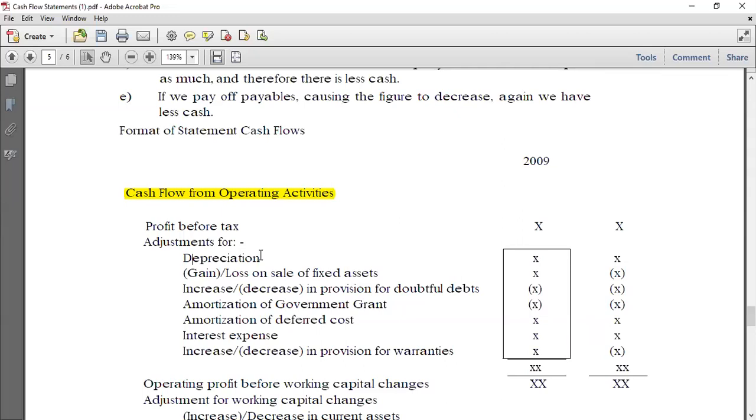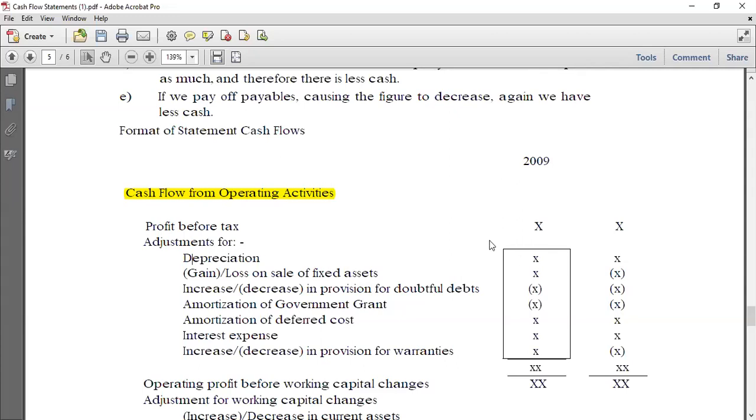By non-cash item, I mean there is no cash transfer that happens when we are depreciating assets. It's basically an accounting treatment. We don't pay for depreciation. It's basically an accounting treatment to recognize it as an expense.